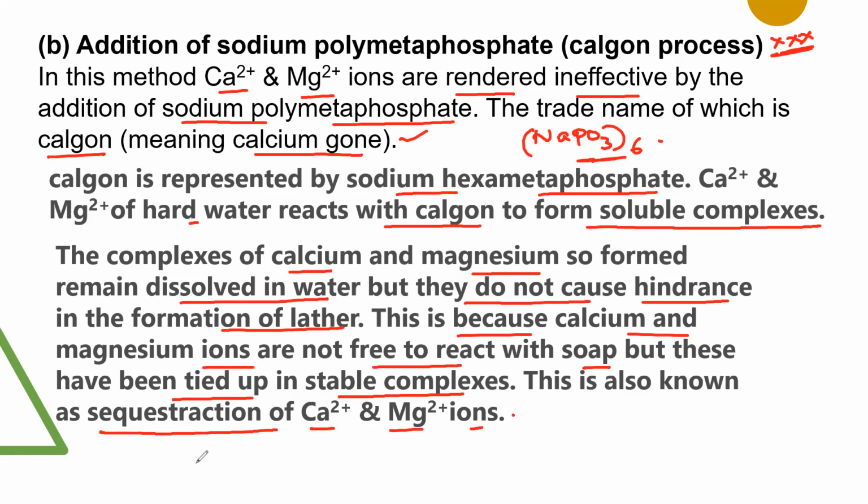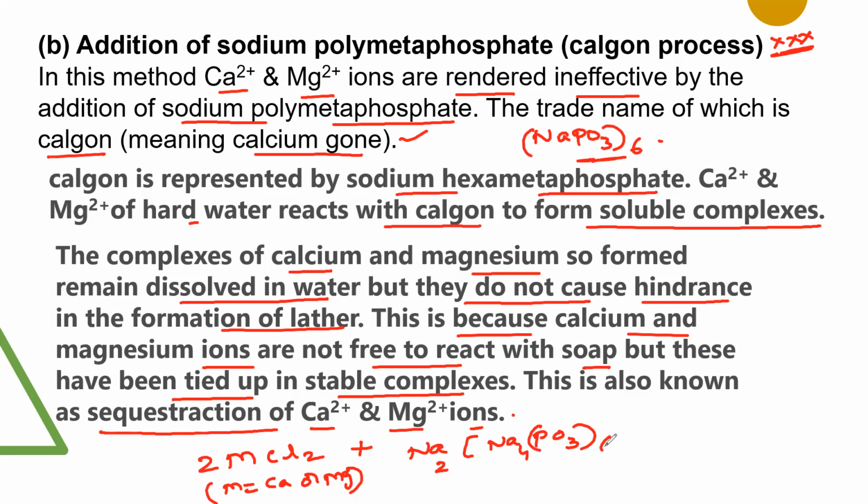Let us see the equation now. 2 moles of MCl2, where M can be calcium or magnesium, combines with sodium hexametaphosphate, which can be written as Na2[Na4(PO3)6]. This is the complex compound called Calgon, meaning calcium gone or magnesium gone.